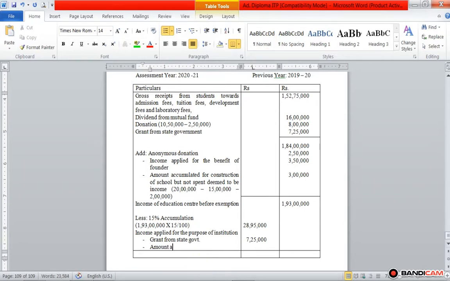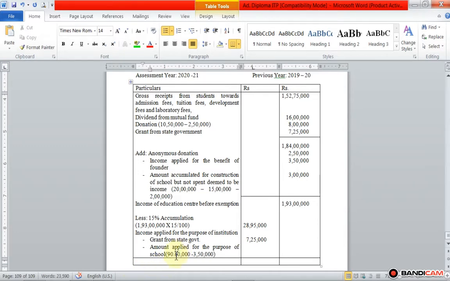So here amount applied for the purpose of school amounted rupees 90,60,000. Okay, 90,60,000 minus 3,50,000.